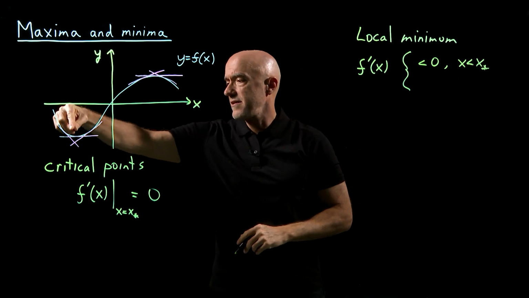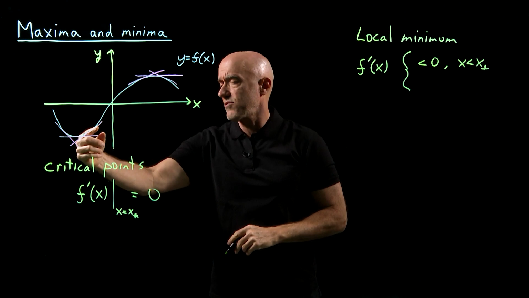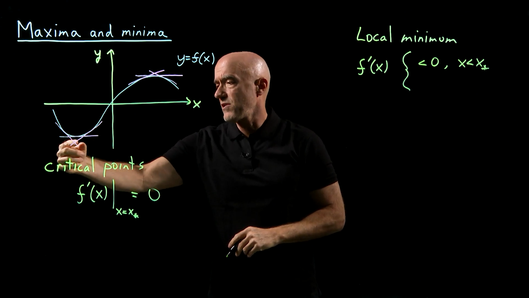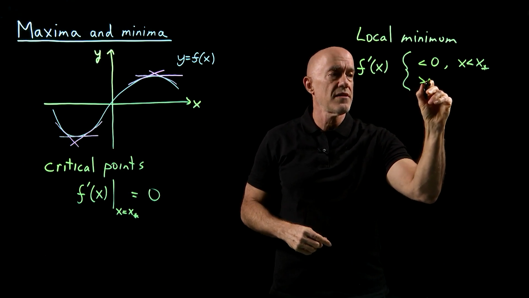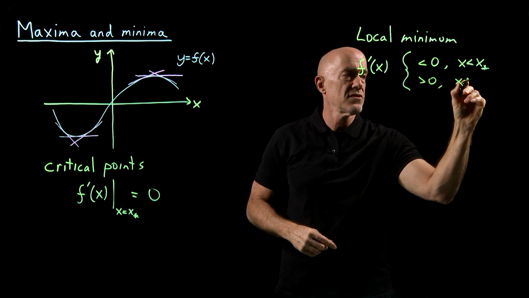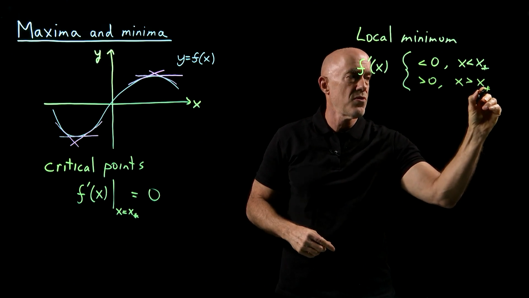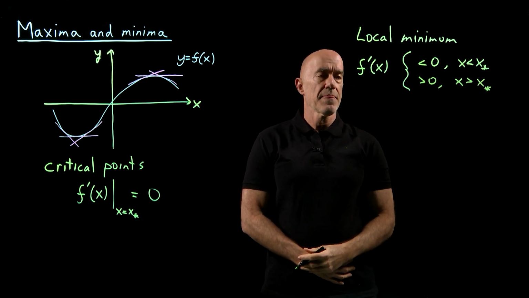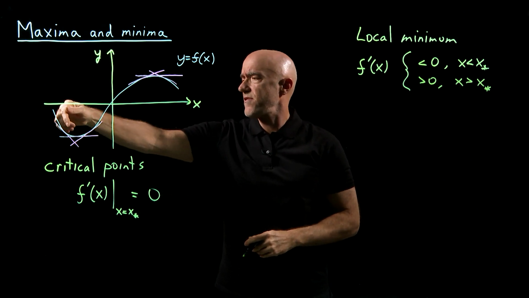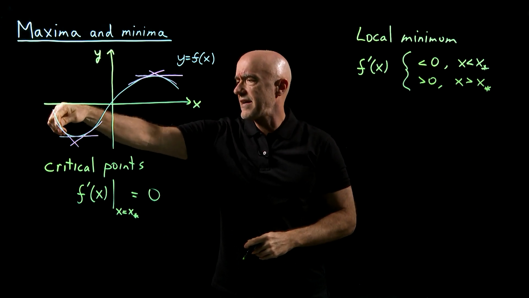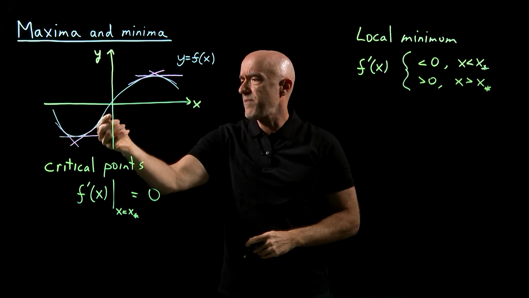On the other hand, if x is larger than the critical point, then the function is moving upwards and the slope is positive. So f prime of x is greater than 0 if x is greater than the critical point. Okay, and what can we say about the second derivative? Here the first derivative is negative, 0, and then positive.